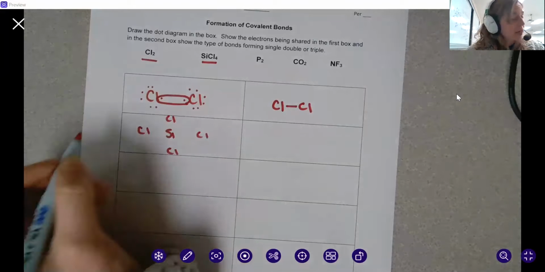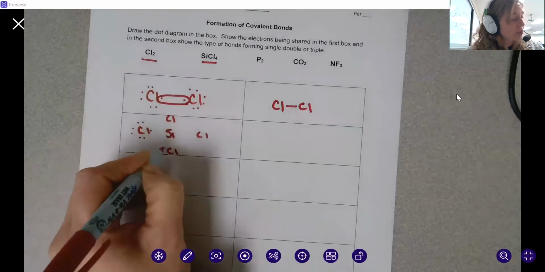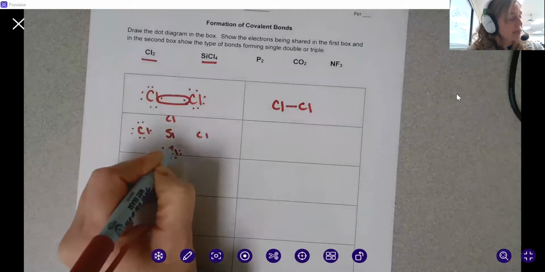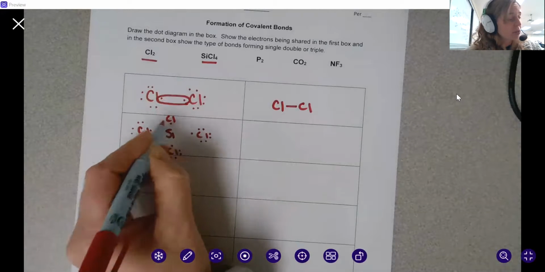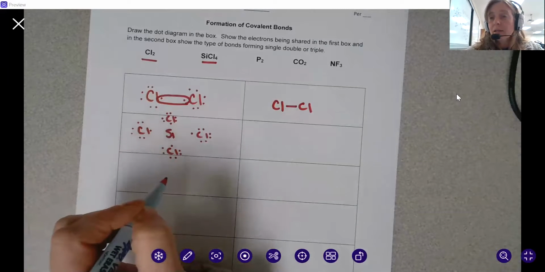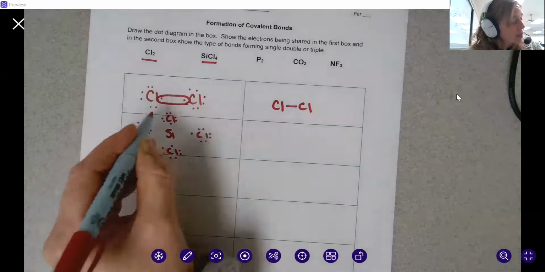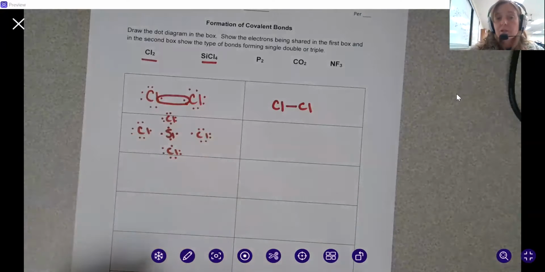Now each chlorine is in column 17, so each chlorine is going to contain 7 electrons. So you draw those dots around each chlorine. Now silicon is located in column 14, so silicon is going to have 4 valence electrons as the central atom.